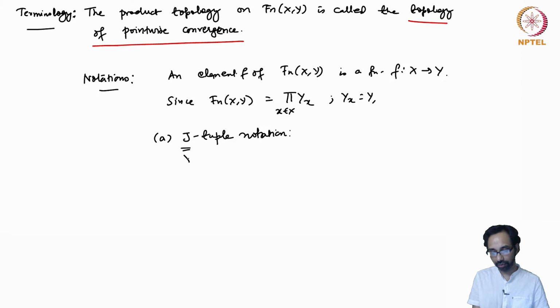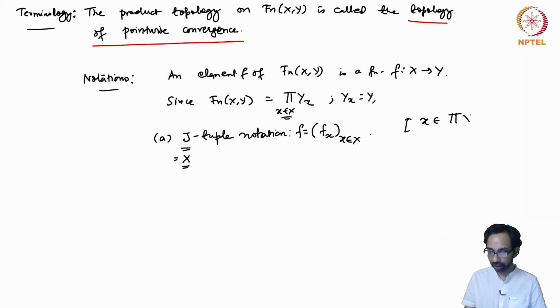Here J is the index set, which is X, so J is equal to X. In the J-tuple notation, we write any member f as f_x, where x ranges over this index set X. So this is the J-tuple notation. Remember when we had x which belong to a Cartesian product of topological spaces X_alpha over some index set J, we wrote x as (x_alpha) over J. So this is the J-tuple notation.